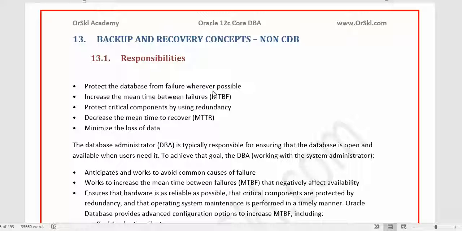The concepts we are going to learn now are going to be valid throughout the life of your Oracle Core DBA profile. This is the basics of backup and recovery, and these jobs are a daily activity for the DBA: either backups or recoveries, or often both.